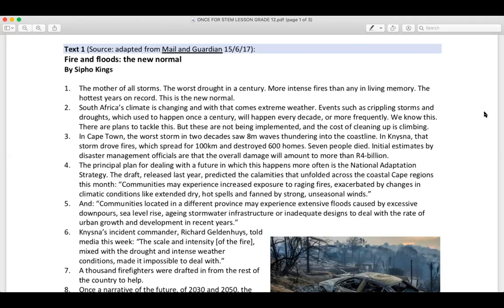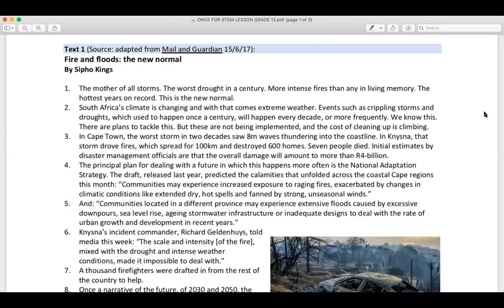In Cape Town, the worst storm in 2 decades saw 8-meter waves thundering into the coastline. In Knysna, that storm drove fires which spread for 100 kilometers and destroyed 600 homes. 7 people died.